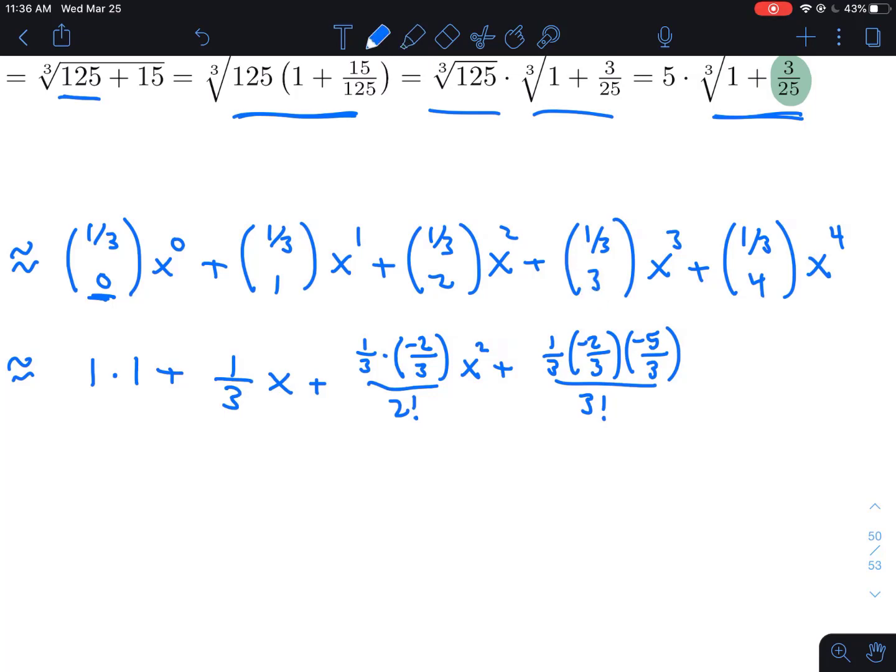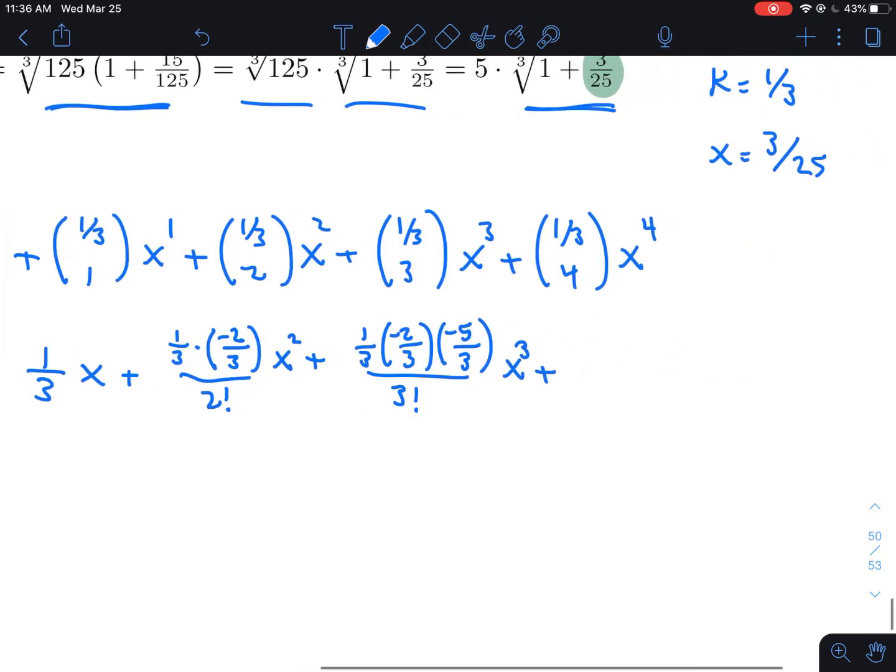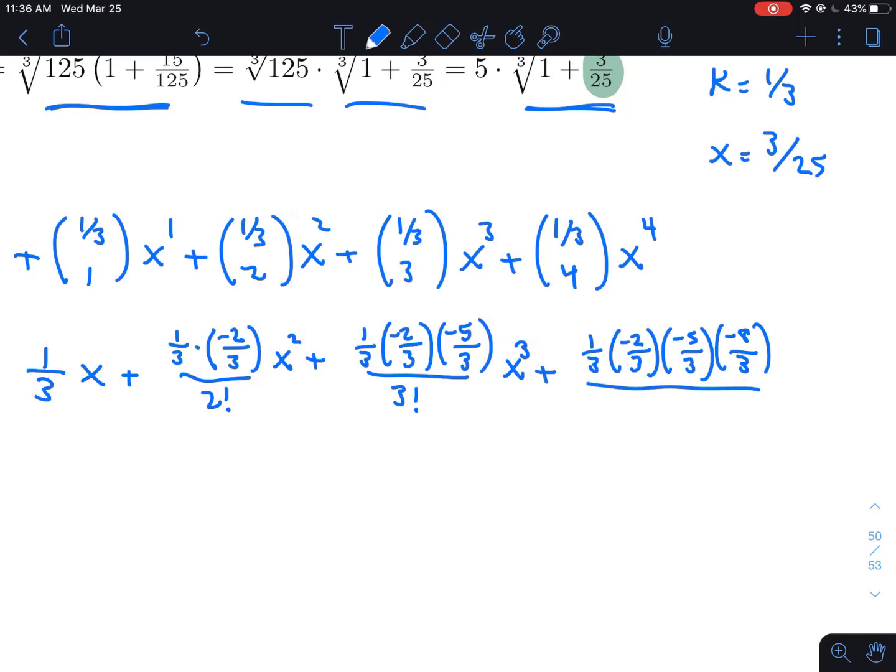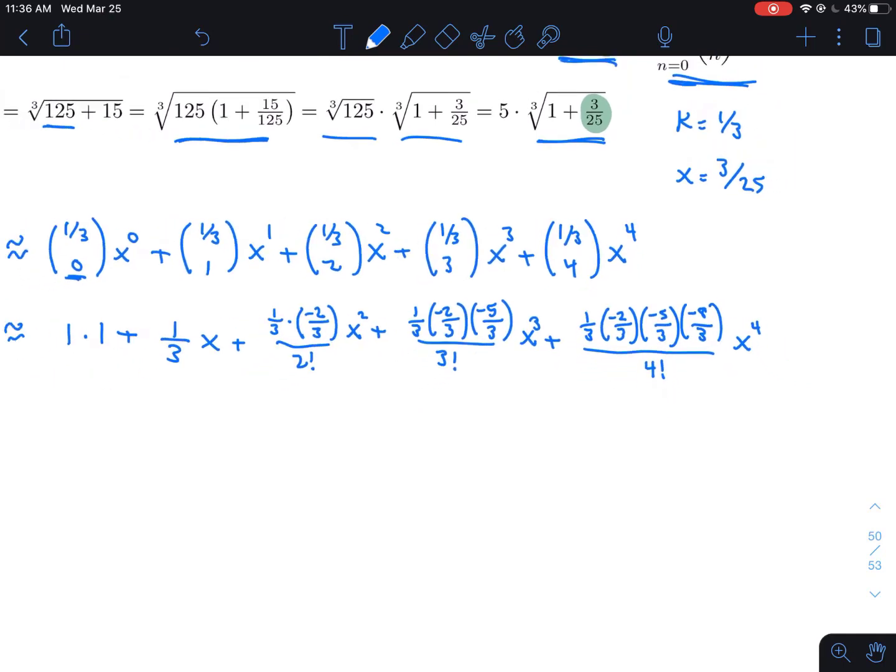In this case, 3, times x cubed. And one more, and that should be enough. 1/3 times -2/3 times -5/3, keep on dropping by 1. We need 4 numbers being multiplied together this time, so -8/3, divided by 4 factorial, times x to the 4th power.